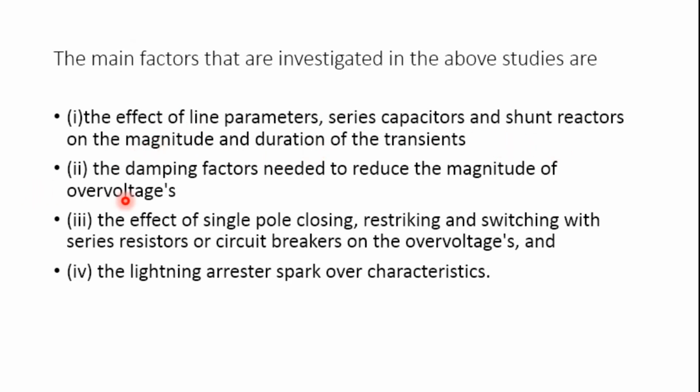Also, we can understand the damping factors needed to reduce the magnitude of the overvoltage, like shunt reactors and series capacitors, to minimize this effect. And we can know the effect of single pole closing, restriking, and switching with series resistor circuit breakers on the overvoltage.